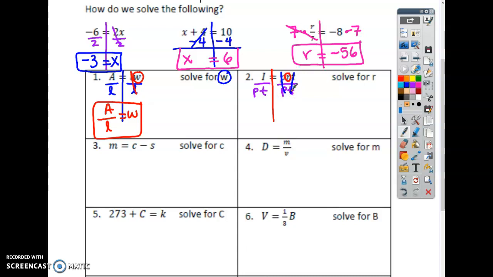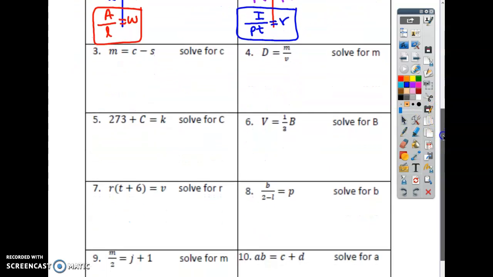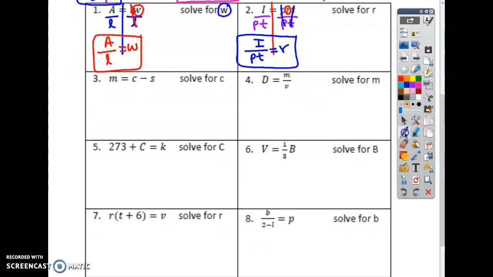And you are done. That's it. So now I have r equals I divided by pt. Okay? You're going to have to do some of these by yourself in just a little bit, so make sure that you understand how we're doing these problems.